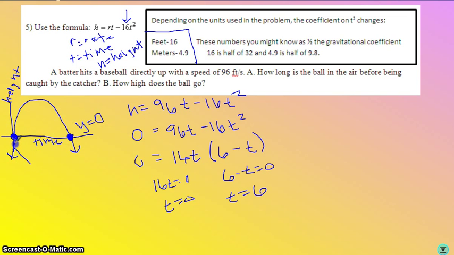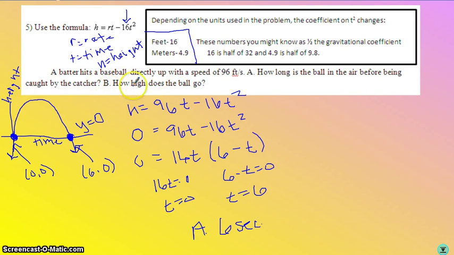This point would be at (0, 0), and this second point would be at (6, 0). So how long is the ball in the air before being caught by the catcher? The answer to letter A would be 6 seconds.